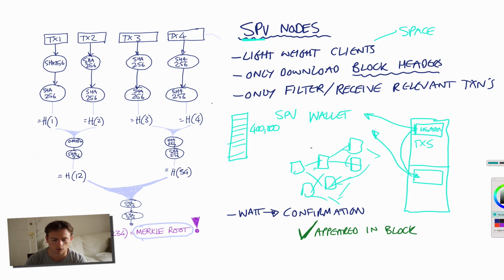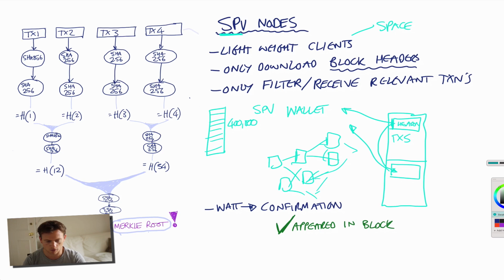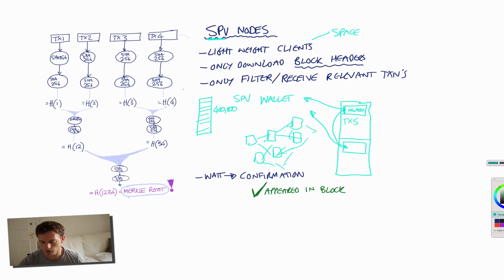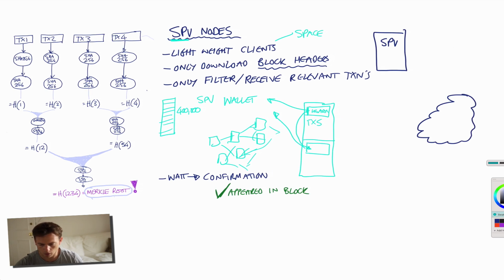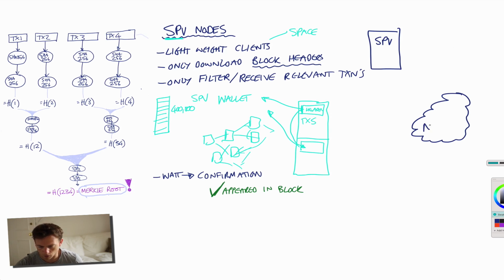And the question can be answered as follows. If I just zoom out a little bit, basically this SPV node, let's draw the node here, we've got our SPV node, and then we've got our whole network of full nodes, and this connects to a full node on the network, like this, which is part of the overall network.